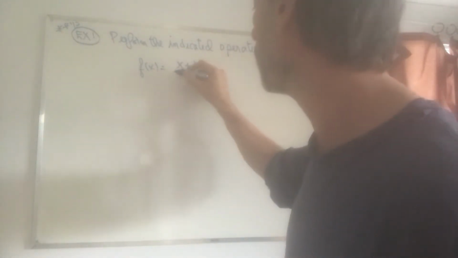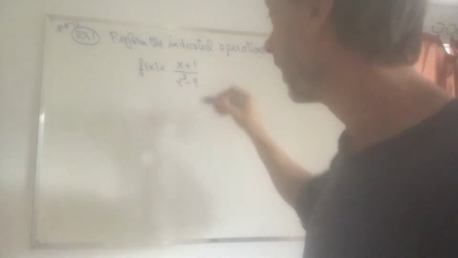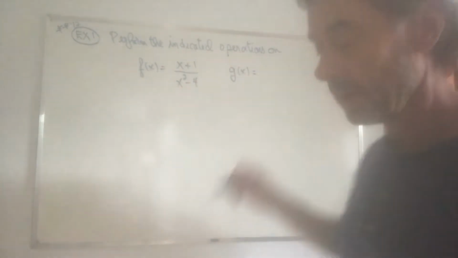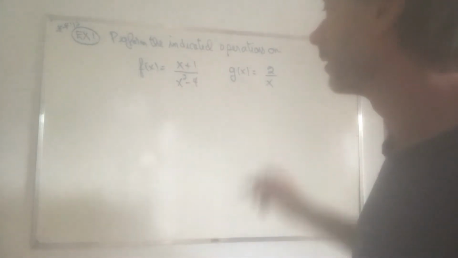My f is (x plus 1) over (x squared minus 4). And my g is 2 over x.